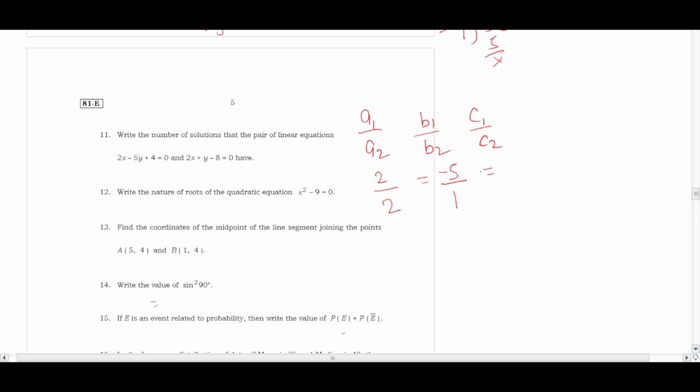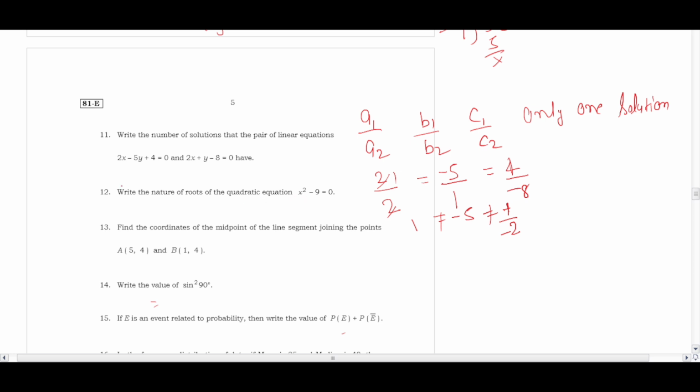And here c1 value is given 4 and c2 value is given negative 8. 2 ones are 2, then 1 by negative 5 equals 1 by negative 2, then not equal. Then how many solutions? Only one solution.